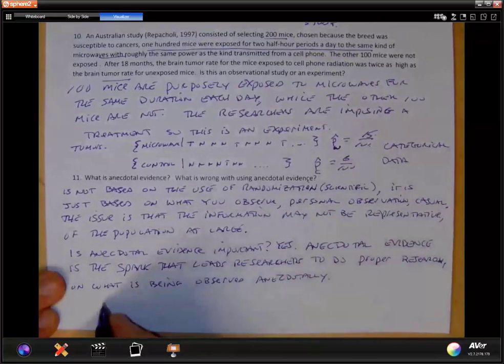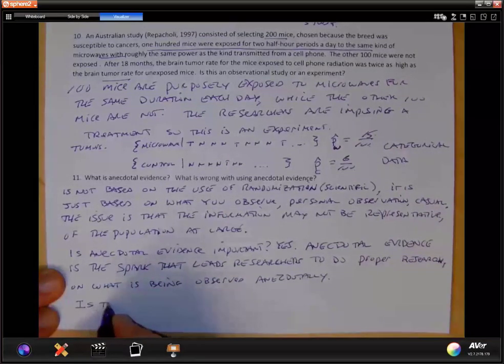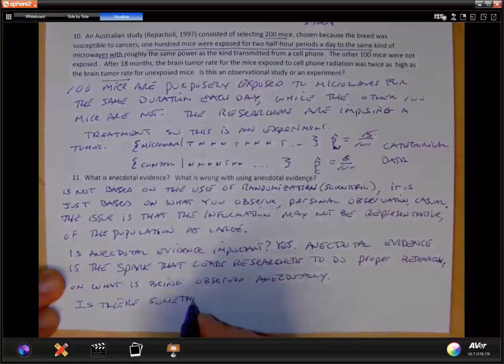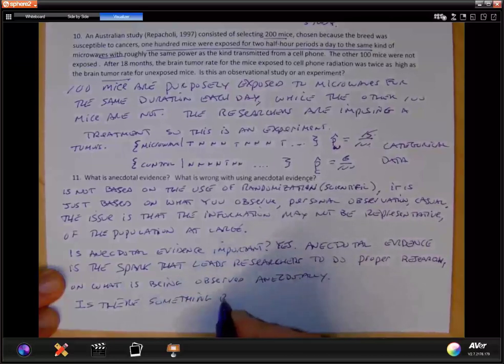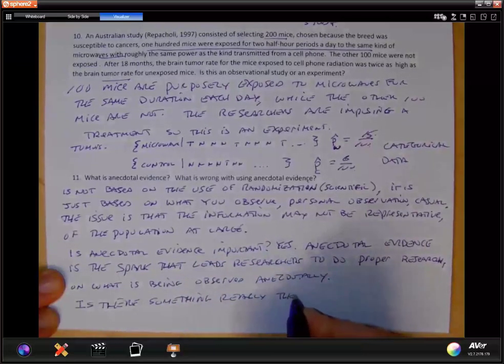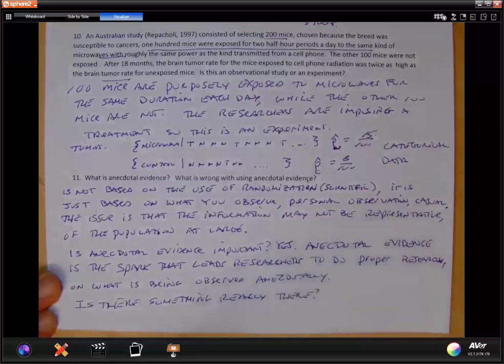And really the question that we're trying to answer when we see anecdotal evidence is, is there something really there? I know that's vague, isn't it? But that's sort of the basic idea.